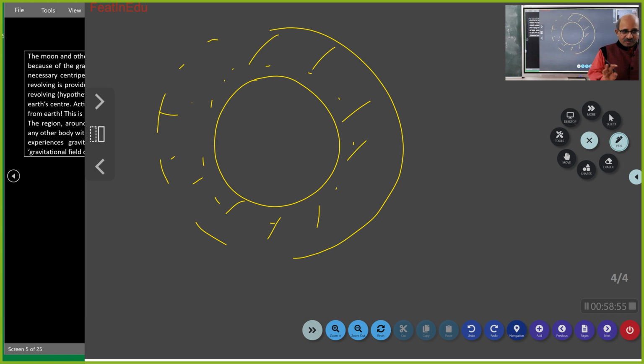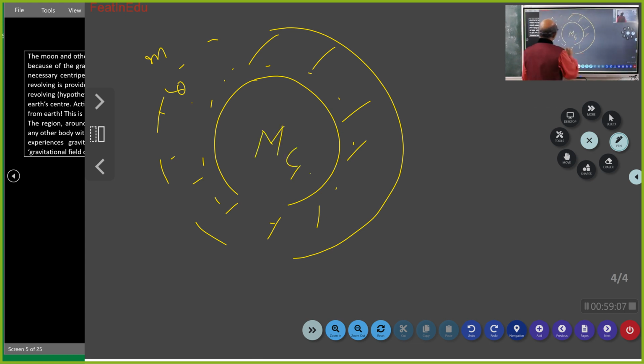Around Earth there is a region where, if you keep another body which has some mass m, while this is mg, the big mass, that body will experience gravitational force. Correct?